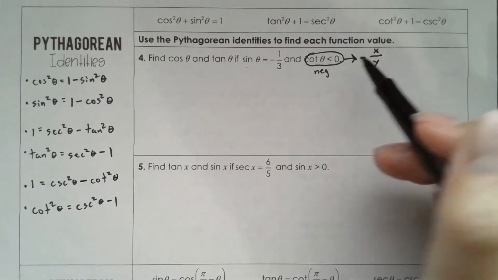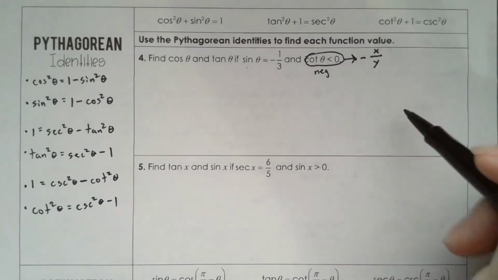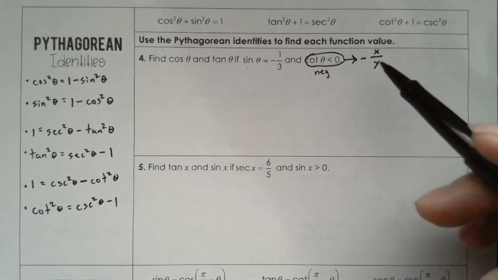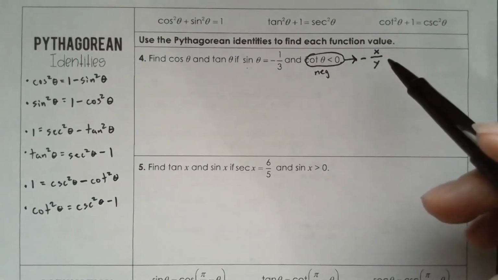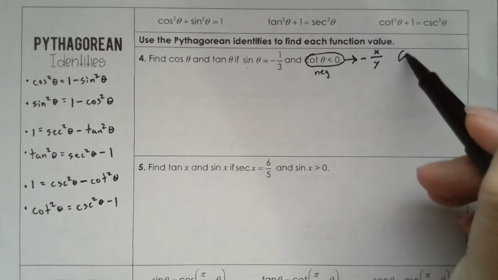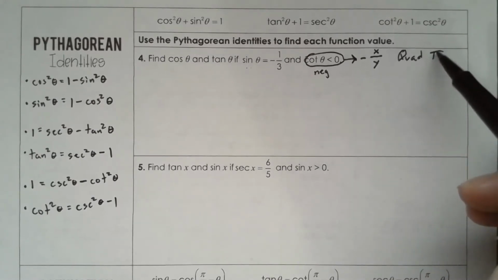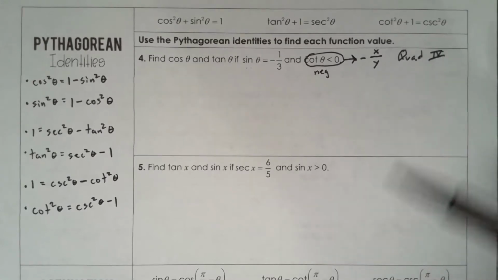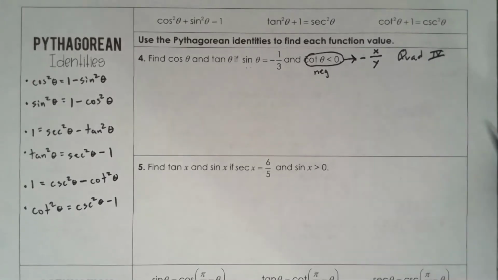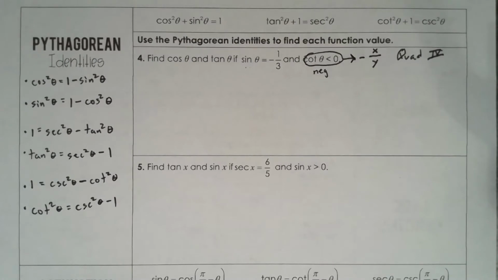And what quadrant would you be in if you have a positive x and a negative y? You're going to be in quadrant 4. Sorry for the sloppy writing here because of the camera. You're in quadrant 4. Alright, so to find cosine theta, I'm going to use this first Pythagorean identity because I have sine theta given.